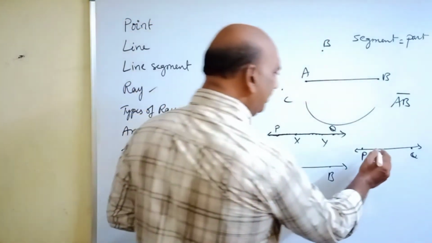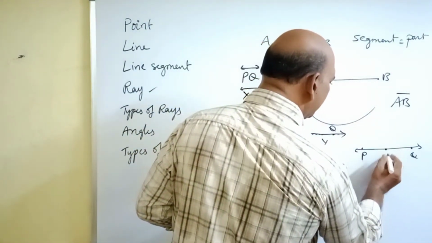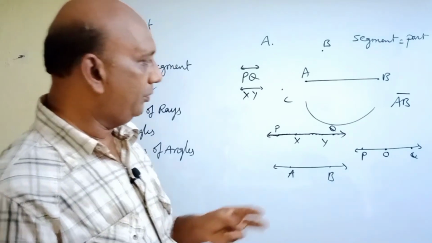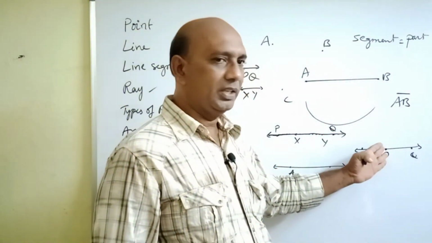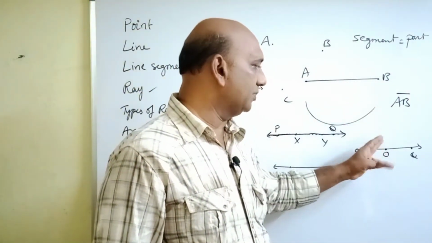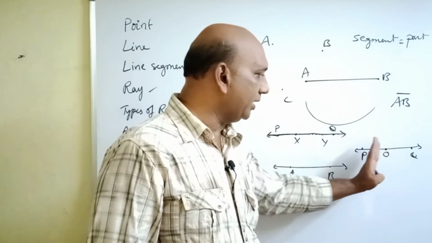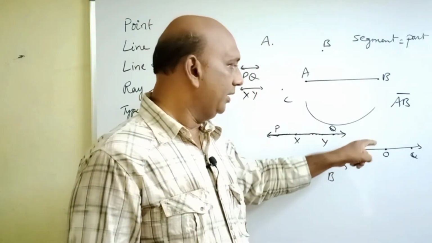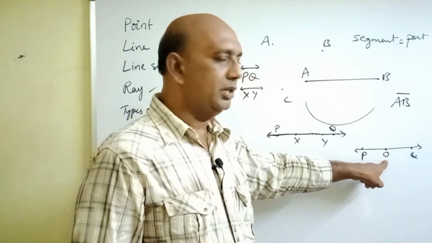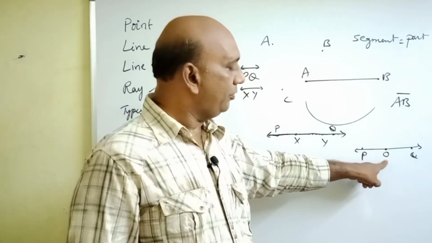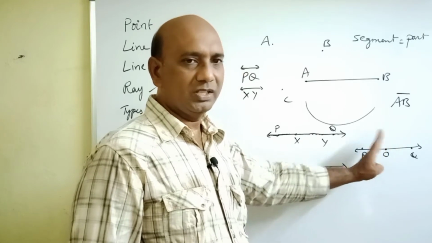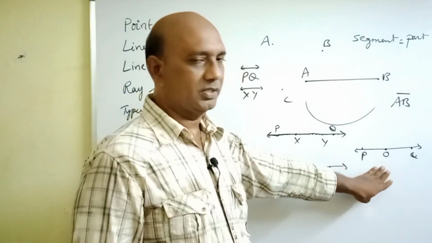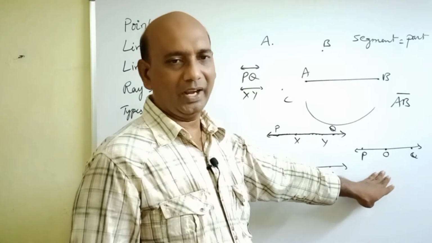From any point on this line, suppose let this be O. From O, this side is one part and that side is another part. On a line, from a point in the middle, there are two parts, the left side part and the right side part. Any one of the two parts is called a ray.